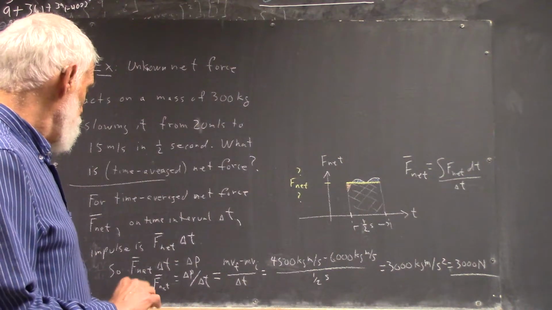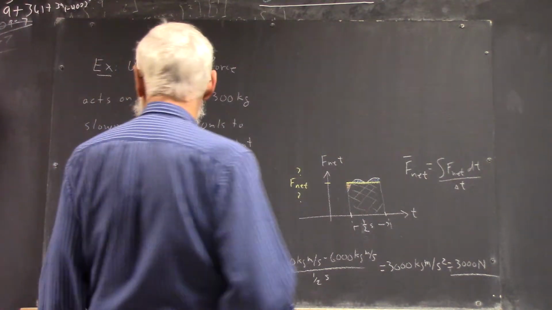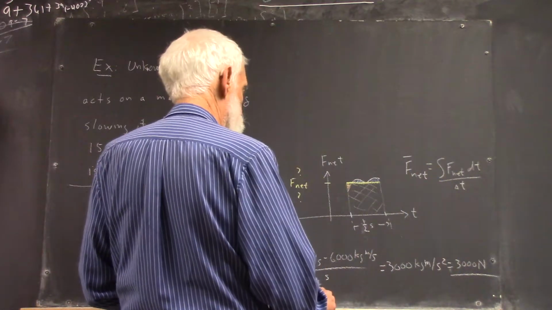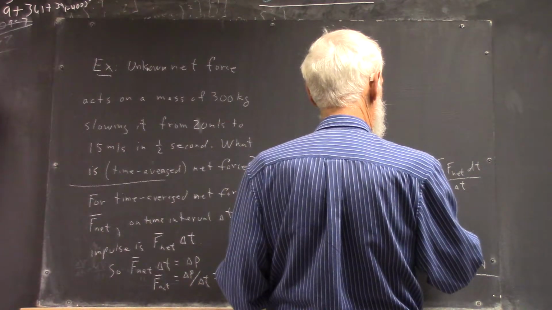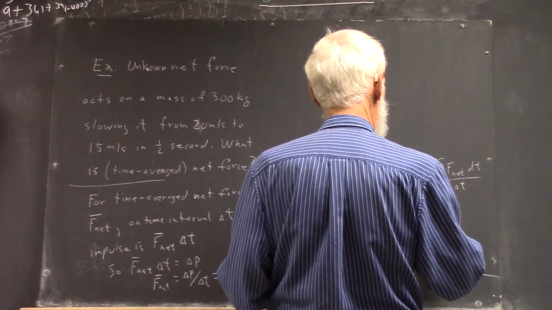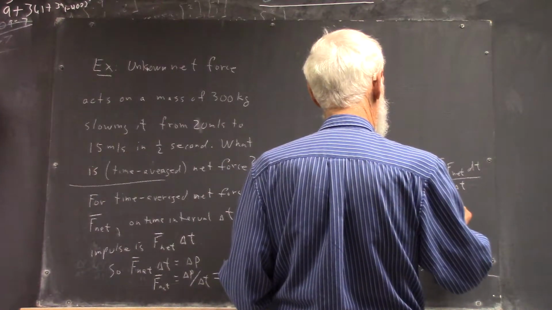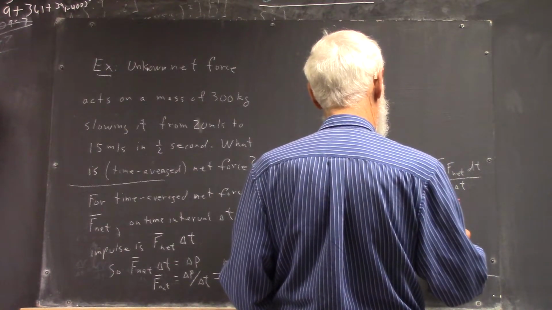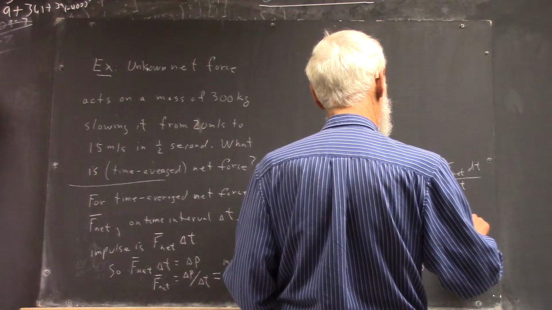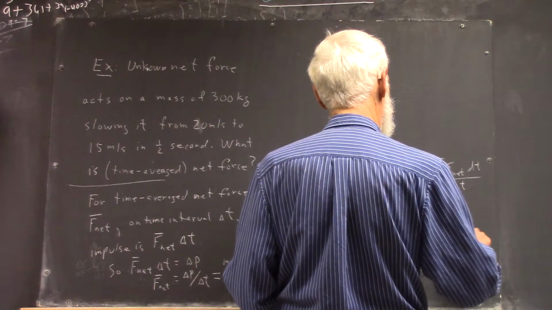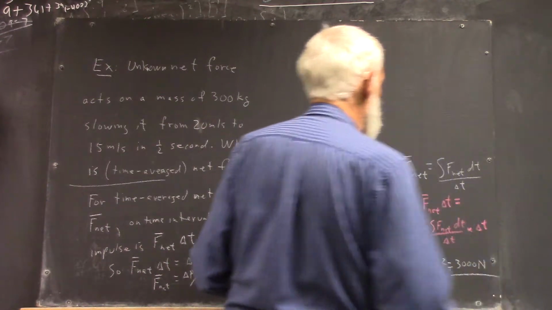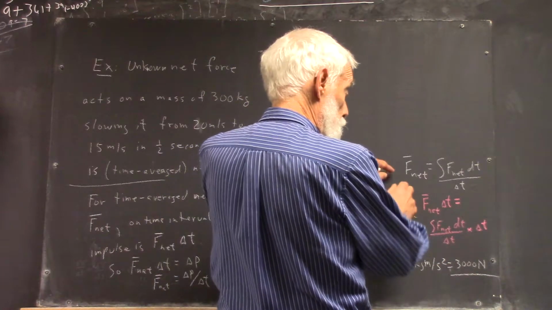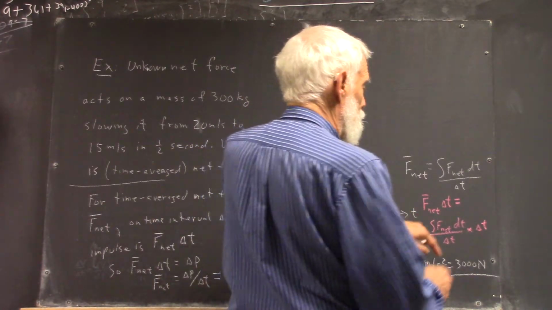From this whole argument, it follows that F net bar delta t is the integral of F net dt divided by delta t, giving the average F net, multiplied by delta t.